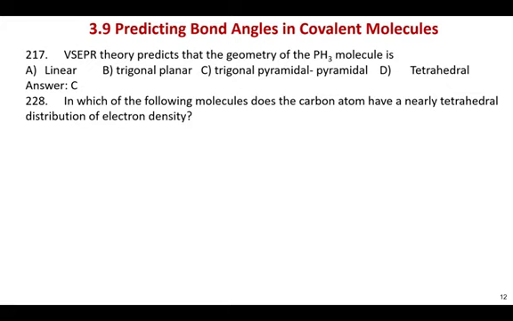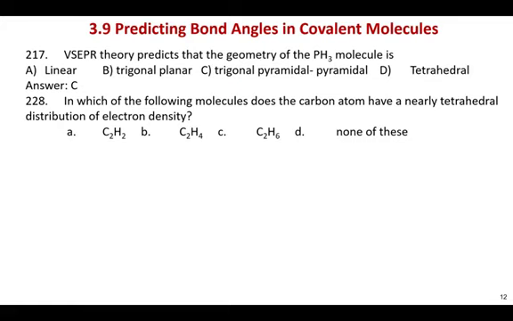In which of the following molecules does the carbon atom have a nearly tetrahedral distribution of electron density? C2H6 has four bonds here, therefore it is tetrahedral.